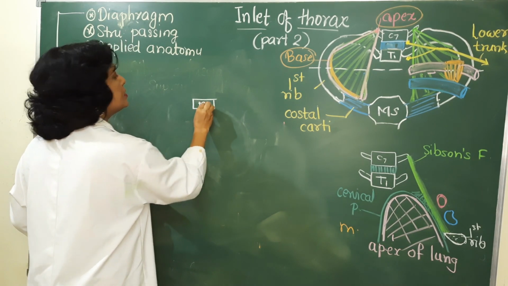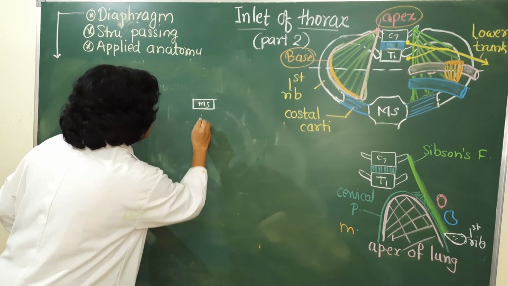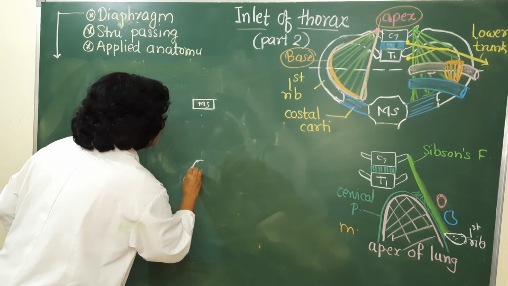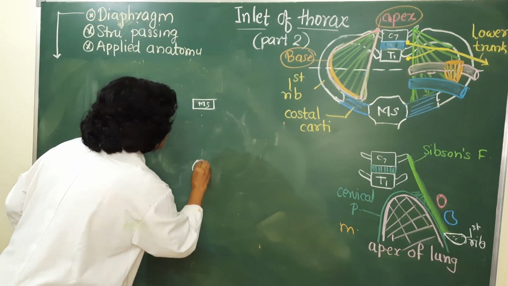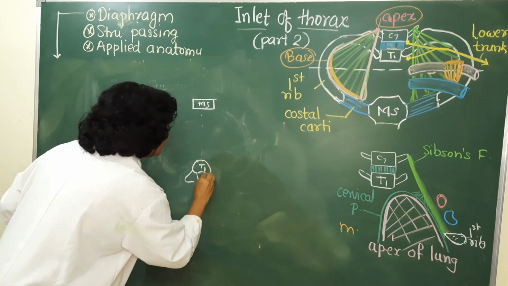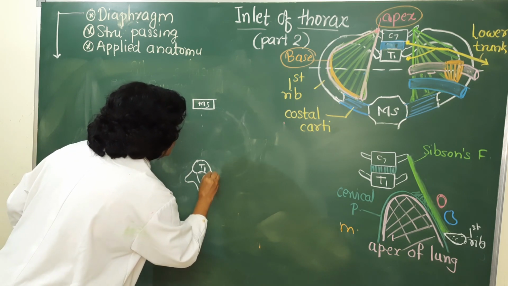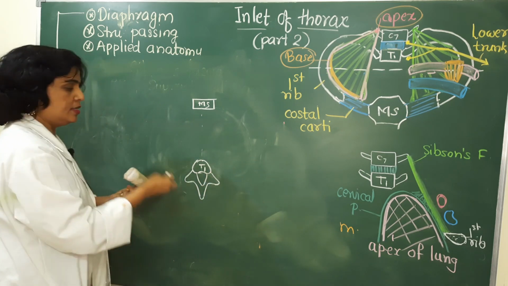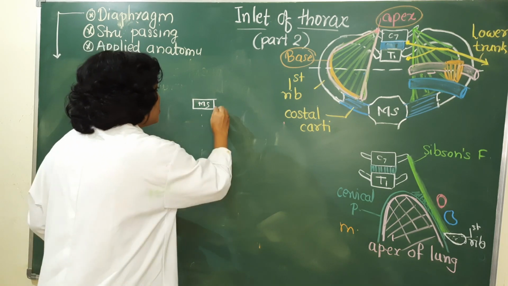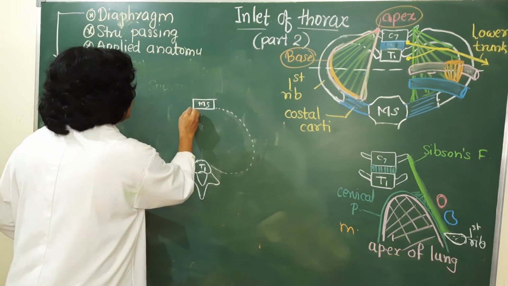This is manubrium sterni, okay, and on the posterior aspect, suppose here is the midline, on posterior aspect here you get body of T1 vertebra. Here you get the vertebral canal, transverse process and the spine of this T1 vertebra. And if you draw the outline of the inlet of thorax, it will be kidney shape.